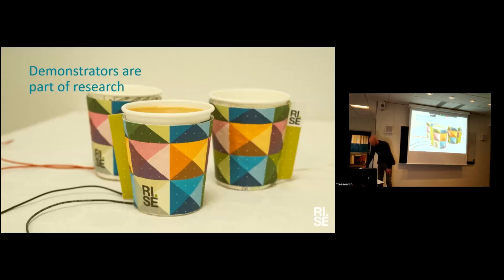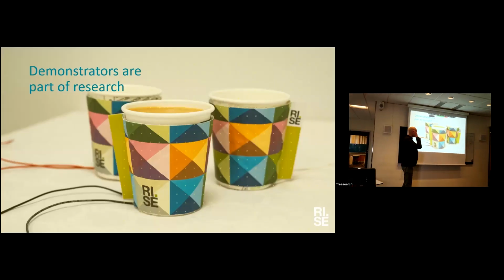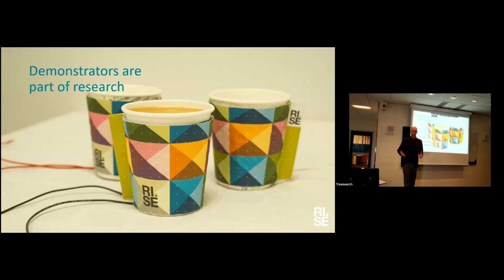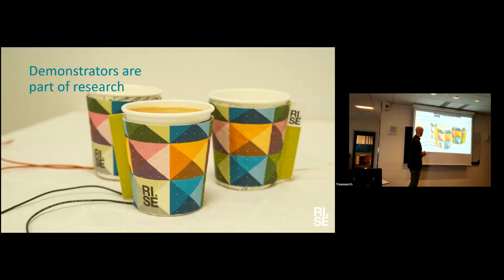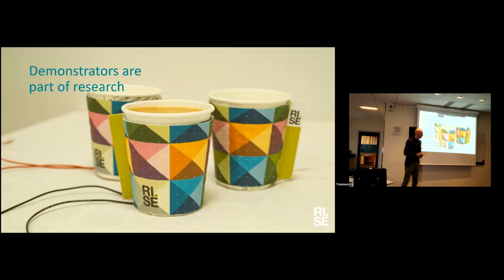At RISE, we also work a lot with demonstrators, showing the potential of the research to communicate it. In this demonstrator, inside the sleeve we have a conductive paper where we mixed in nanographite, not quite graphene. If you connect this to a power source, you can run current through it and heat the coffee, with your USB port, for example.